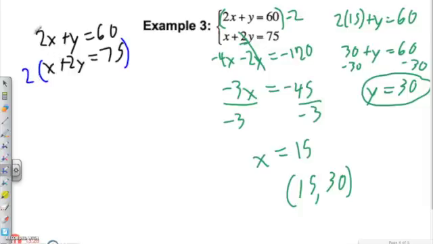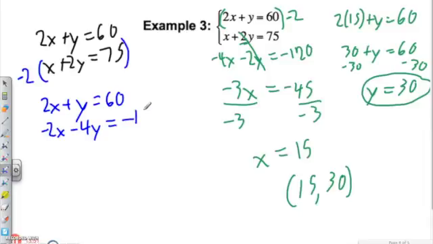And since this is positive up here, I want to do a negative down here. So my top equation is still going to be 2x plus y equals 60. But my bottom one is going to change to negative 2x minus 4y equals negative 150.